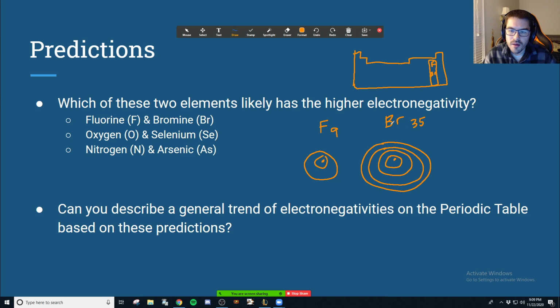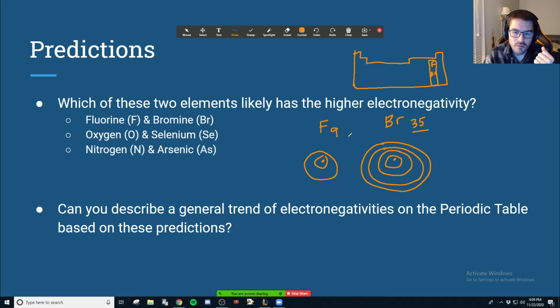But there's another factor at play, and you may remember us talking about this when we talked about ionization energy. The fact that there are all these extra layers of electrons engaging in the electron shielding effect actually turns out to be the dominant factor. If you remember, it was easier to take electrons away from bromine than from fluorine.